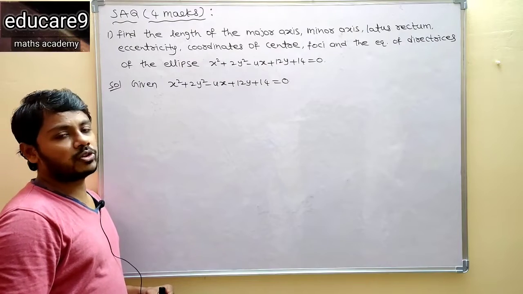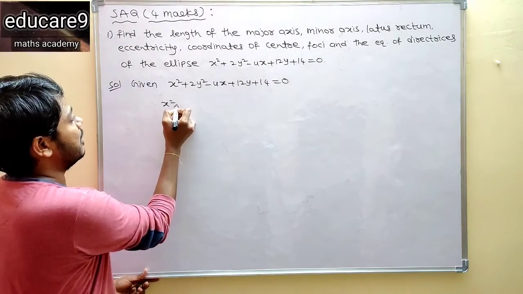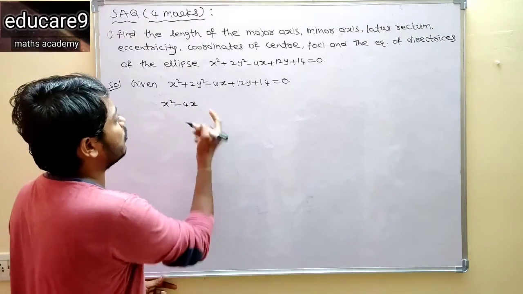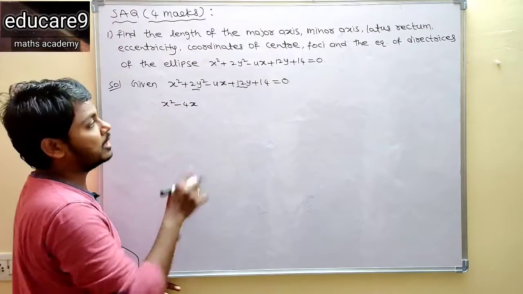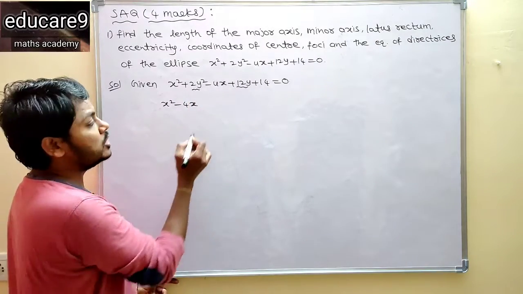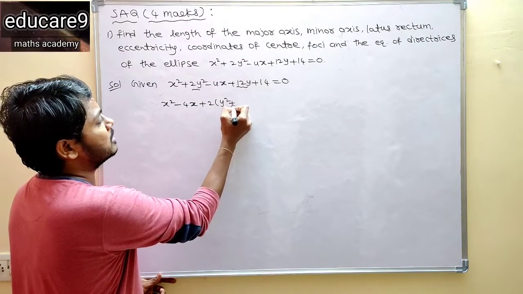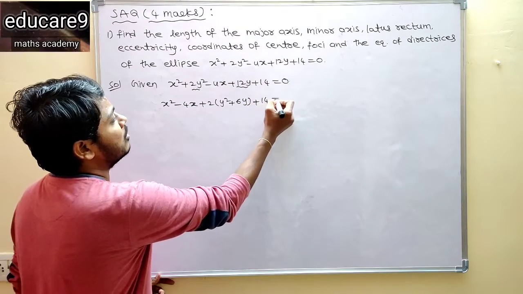See here, first we should write the x terms: x square minus 4x. Next write the y square terms: 2y square plus 12y. In both the terms 2 is common. So 2 times (y square plus 6y). Next plus 14 equals 0.